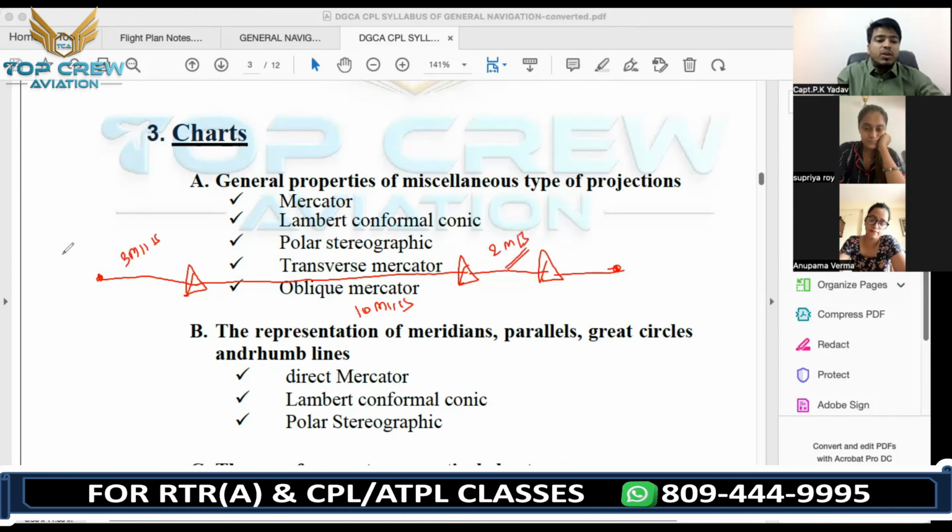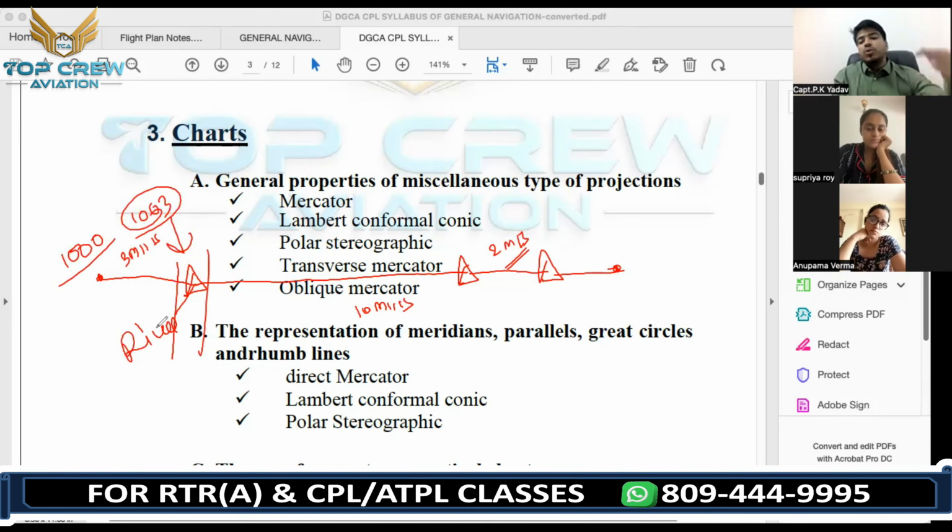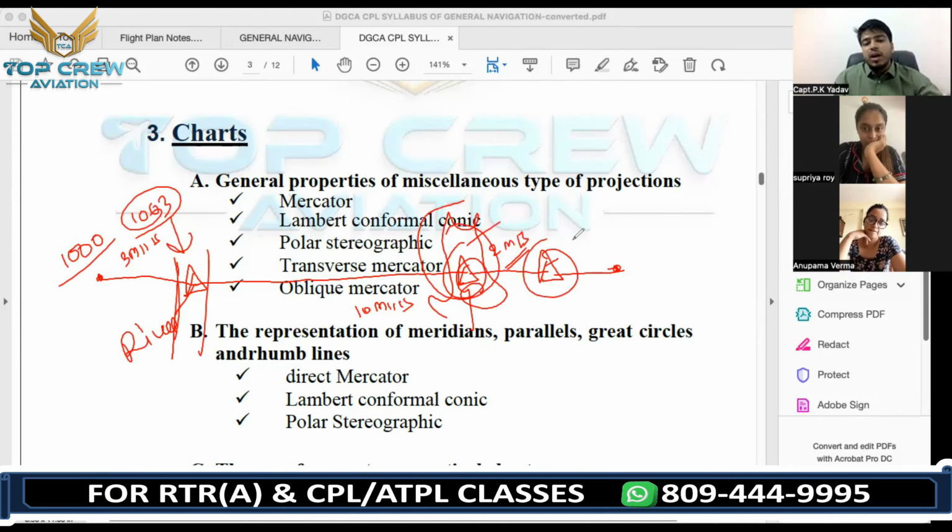You will check: your departure time was 1000, so once it is 1003, you will check. Let's say this is a river and you cross it perpendicular, and this is a mountain or hilly area that you have to check, then this is again a tower. That can be anything, I'm just giving you an idea so that you understand. So in visual flying we have to calculate the time and check whether we are on the right track or not.